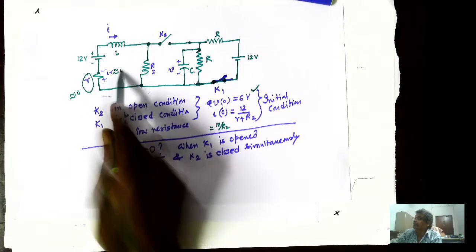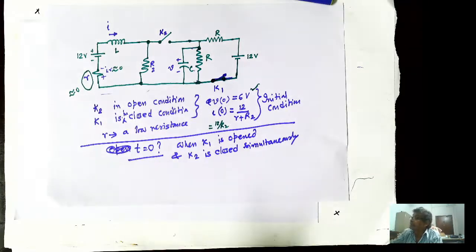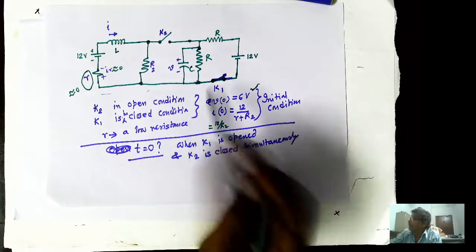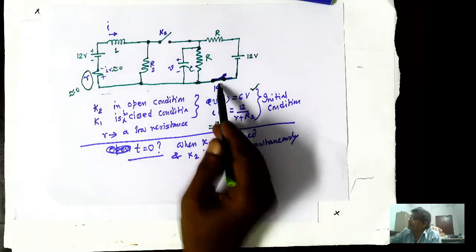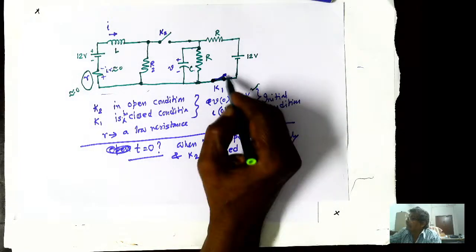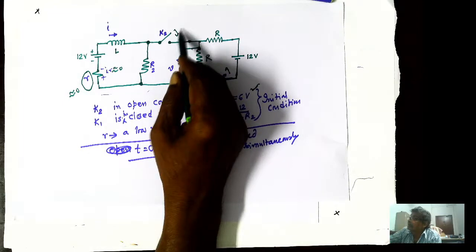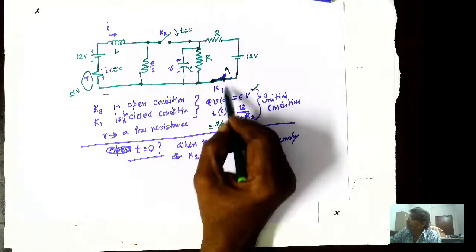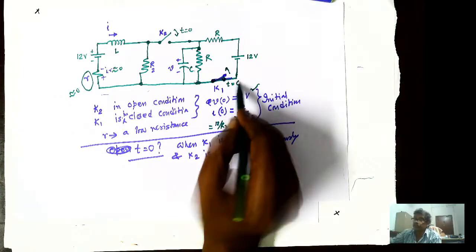Now what is t equal to 0? t equal to 0 is the instant when I will open circuit K1 and I will close K2. Both these operations I will do at that time, which I am calling t equal to 0.